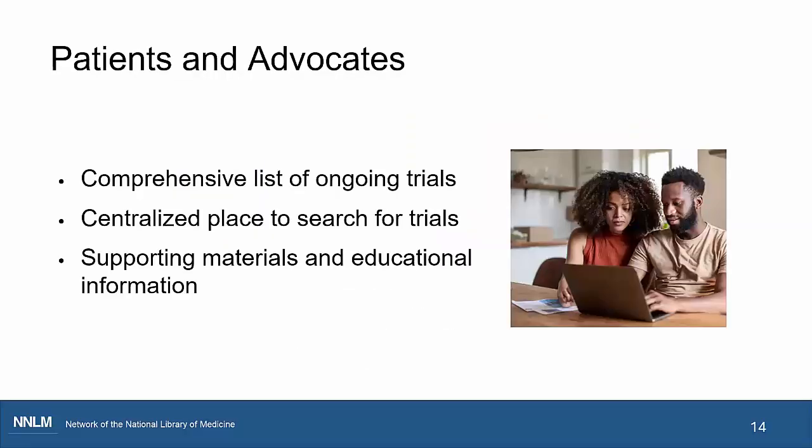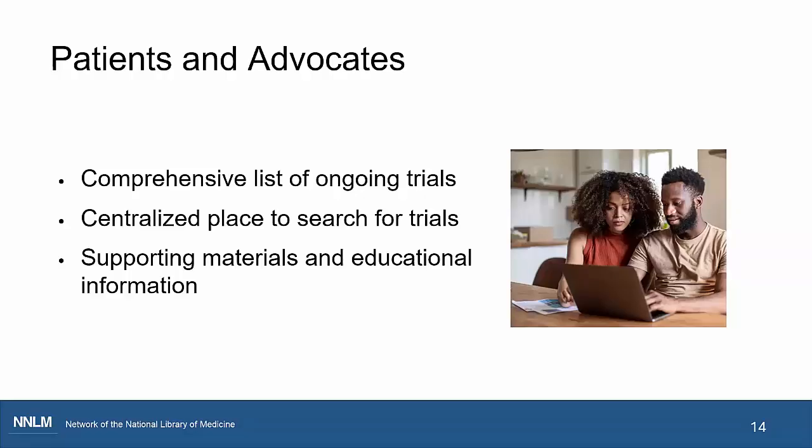Well, let's look at these 3 external user groups in a little more detail now. And we are going to begin with the patient and advocates group. The original intent of ClinicalTrials.gov was to enable more patients to gain access to trials that might help them. For both patients and healthcare providers, the website provides a comprehensive list of ongoing studies and offers a centralized place to search for trials by condition, location, and other trial characteristics.